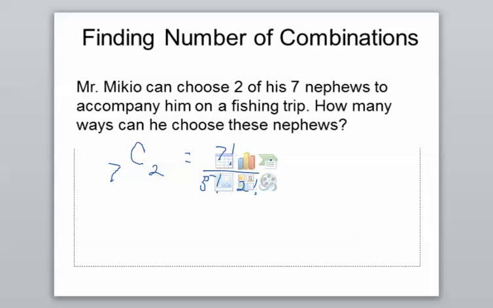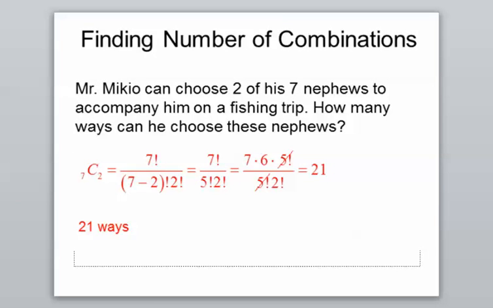This is going to be 7 times 6 times 5 factorial divided by 5 factorial times 2. Well, the 5 factorials are going to cancel out. The 2 will go into the 6, giving you a 3, and you'll get 21 different ways that he could group those 7 nephews together to invite with him to go fishing.